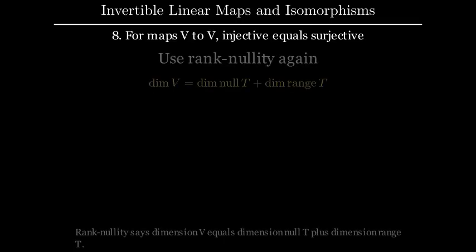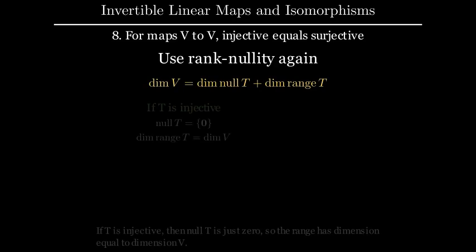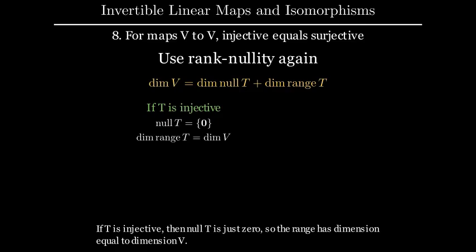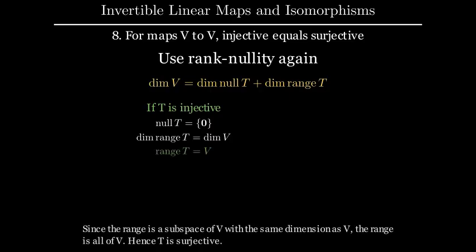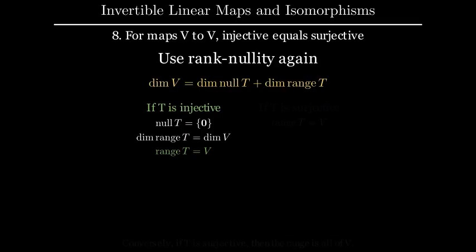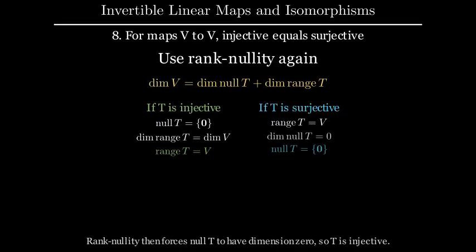Rank nullity says dimension V equals dimension null T plus dimension range T. If T is injective, then null T is just 0, so the range has dimension equal to dimension V. Since the range is a subspace of V with the same dimension as V, the range is all of V. Hence T is surjective. Conversely, if T is surjective, then the range is all of V. Rank nullity then forces null T to have dimension 0, so T is injective.